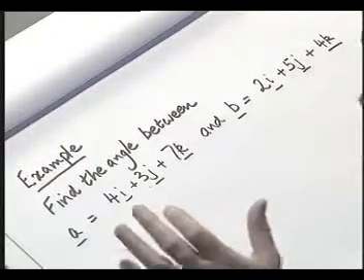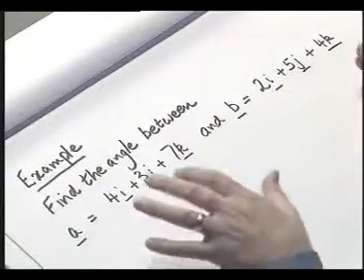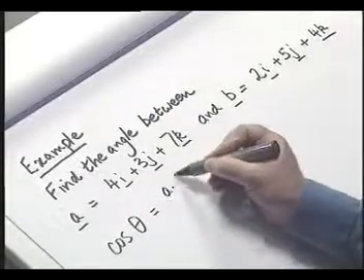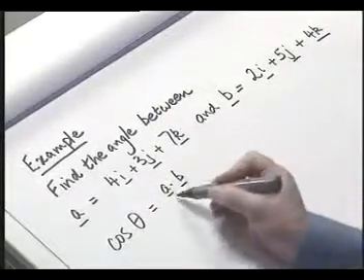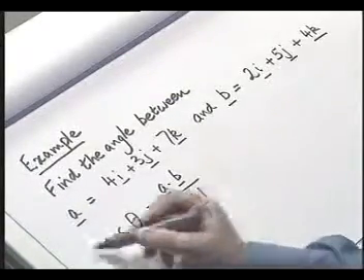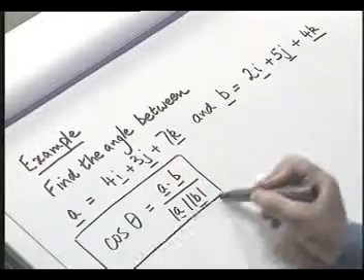So two vectors given in Cartesian form, and the problem is to find the angle between them. And we have this result that we've just deduced, that the cosine of the required angle is the dot product a dot b divided by the length of a times the length of b. So that's the formula that we're going to use.